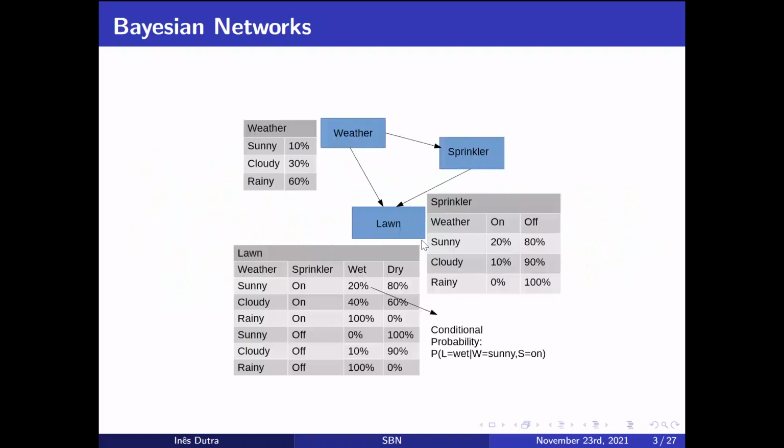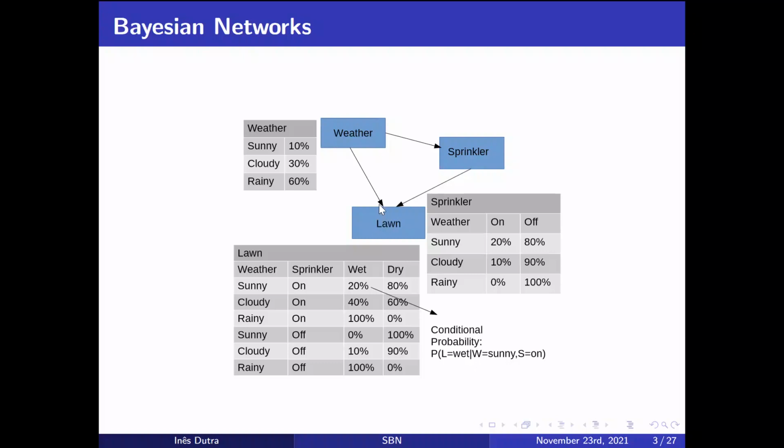So this is an example of a very simple graph. And this is a didactic graph. Everyone uses this graph to show examples of Bayesian networks. I have here 3 random variables that can be observed: the weather, a sprinkler, and the lawn.